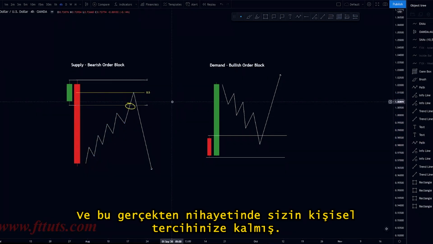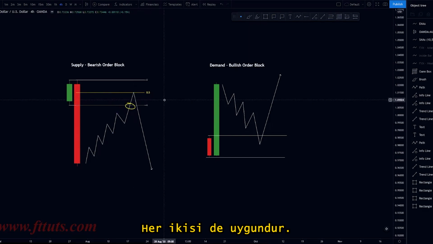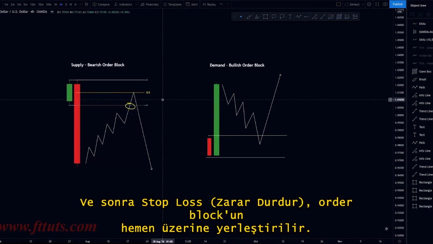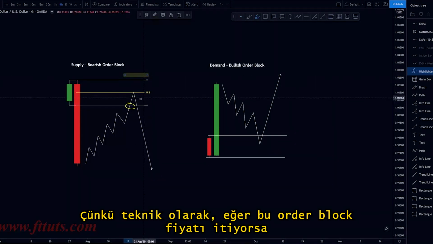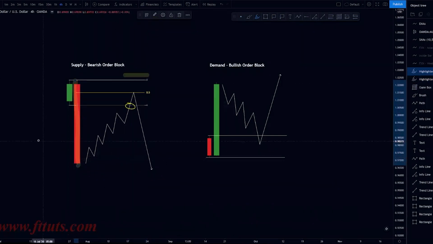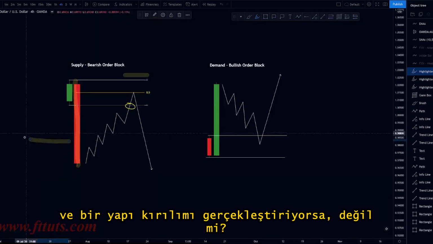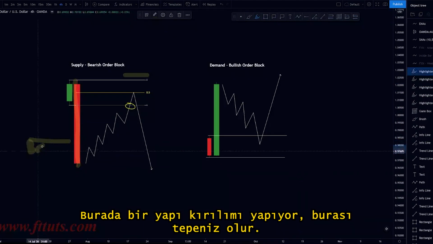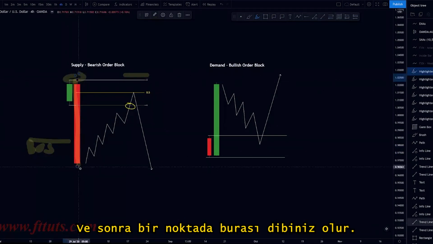This ultimately comes down to your personal preference; either is fine. The stop loss would then be placed just above the order block, because technically if this order block is pushing away and making a break of structure here, this would be your high, and then at some point this would be your low.